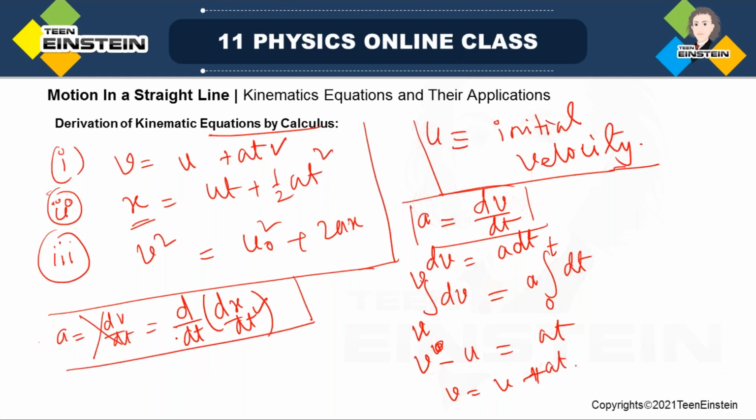We know the expression for the velocity is dx dt. Now we'll integrate it: dx is equal to v into dt, and this v can be replaced by u, the initial velocity, plus a into t, dt.